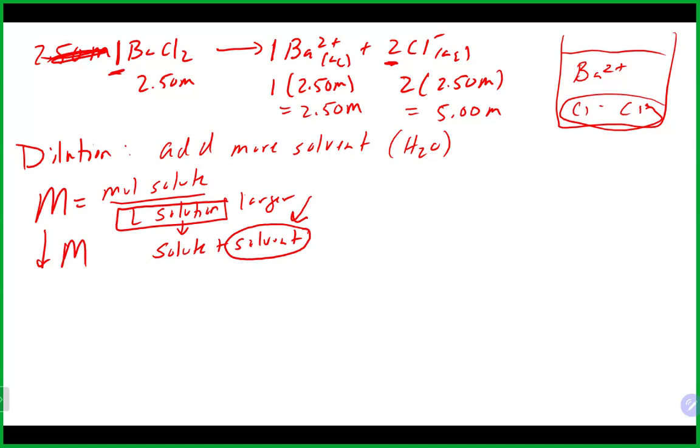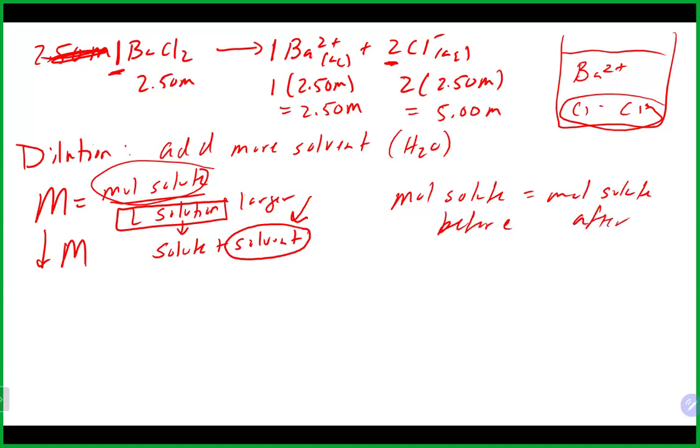The one thing that does not change when you do a dilution is the solute. So the solute basically stays the same. The moles before the dilution will equal the moles of solute after. Before and after the dilution, the moles of those solutes remain the same. There is a dilution equation that we commonly use, which is M1V1 equals M2V2.